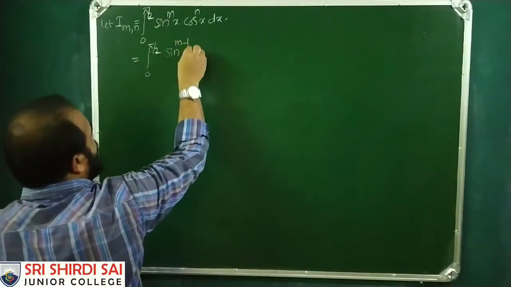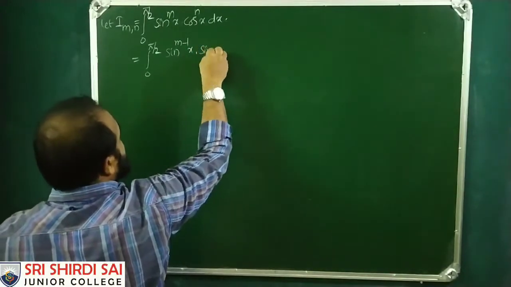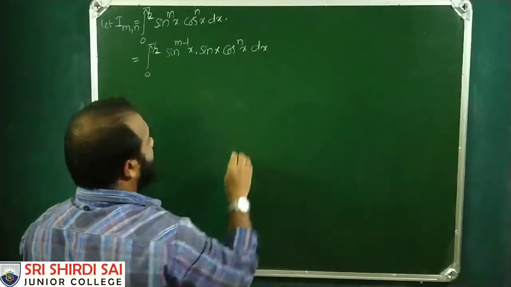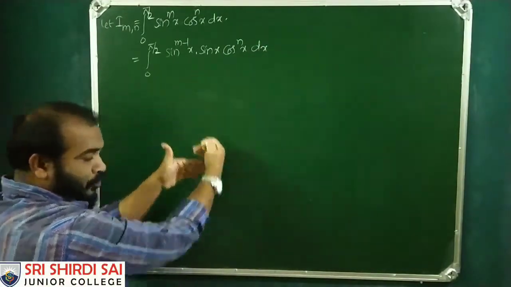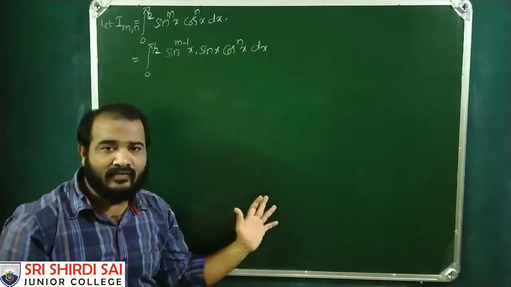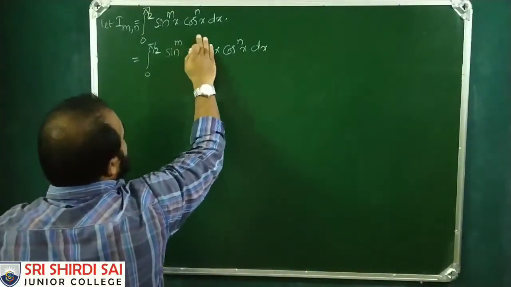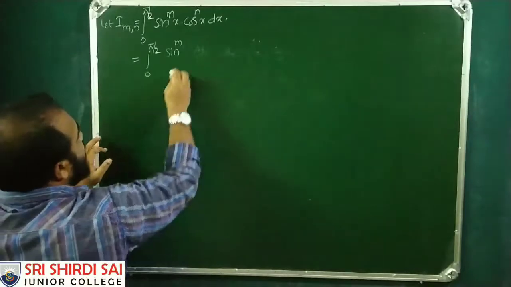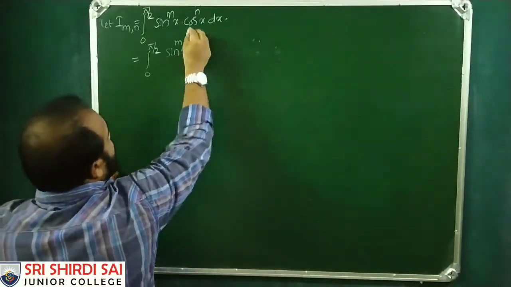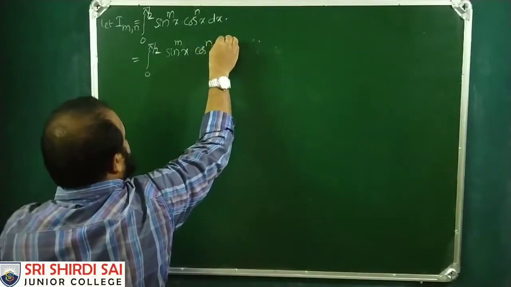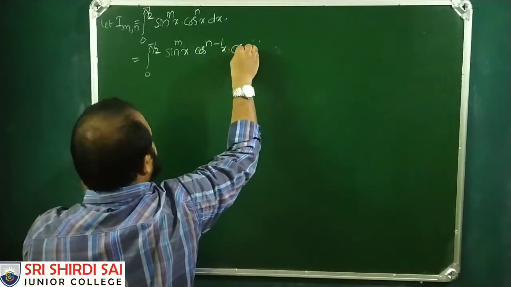So sin power mx can be split as sin power m minus 1 x into sin x, leaving cos power nx dx intact. In this way, if you proceed, we will get one reduction formula. Otherwise, leaving sin power mx dx intact, I split cos power nx dx as cos power n minus 1 x into cos x dx.